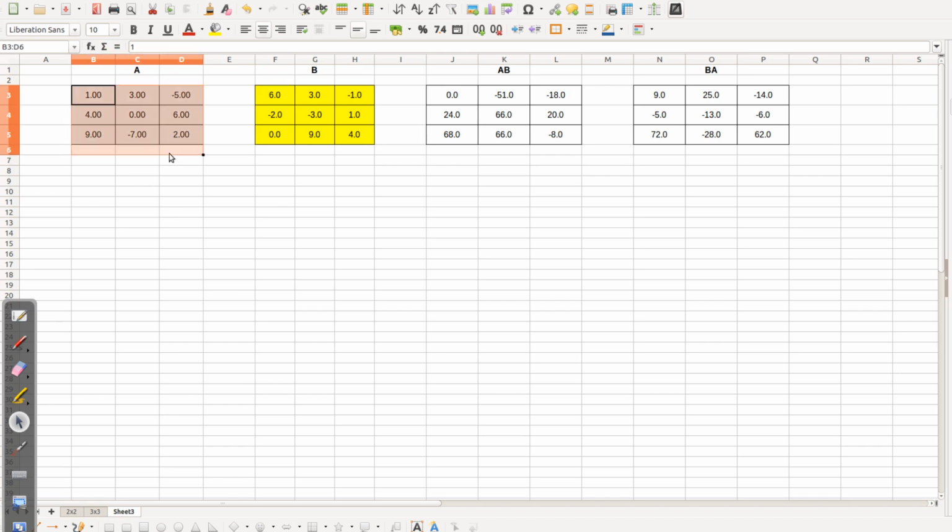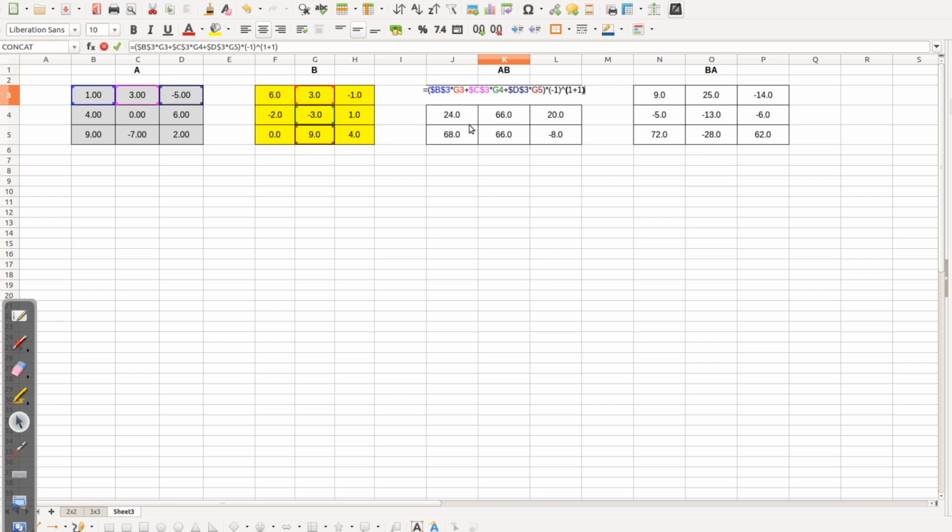This is matrix A and this is matrix B. The product of these two is AB. When you multiply A with B, the first matrix is A and the second matrix is B, and this is the result that you get. You can see very clearly that we are multiplying the first row and the first column, which becomes element 1, 1.